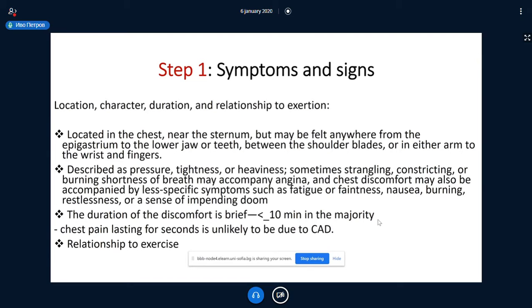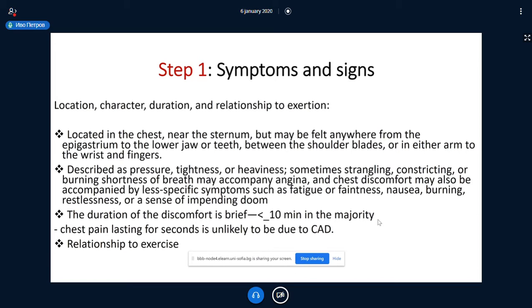Or in the other situation, in which there is a chronic coronary syndrome and the patients are already medicated. In most of the cases, short-acting nitrates sublingually also stop the chest pain in seconds, not even in minutes. The pain is described by the patients as pressure, tightness.